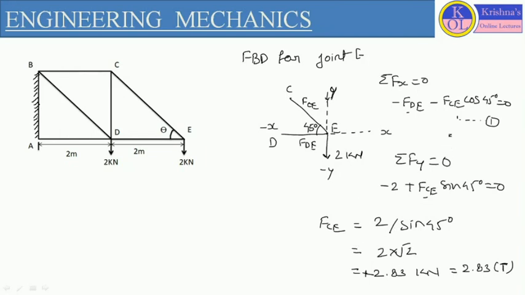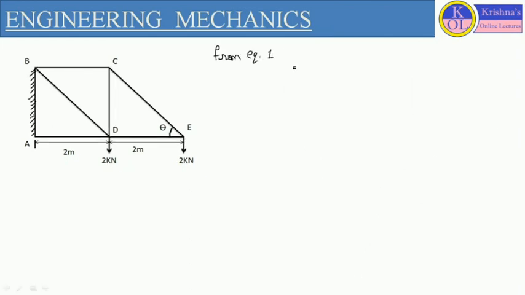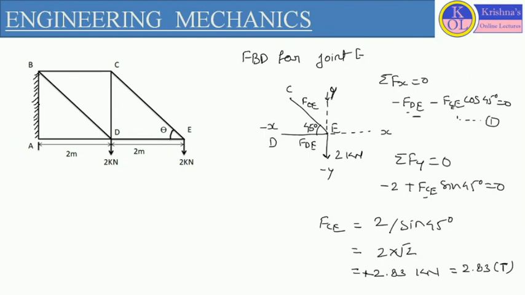Now that we have FCE, we can find the value of FDE from equation 1. FDE equals minus FCE cos 45. This FCE value is 2.83 or 2 into root 2, and cos 45 is 1 by root 2.